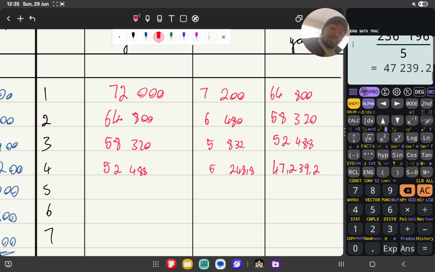Cool. I want to stop here. Now you can continue further, but for my illustration I can do it even with just 4 years of investment.